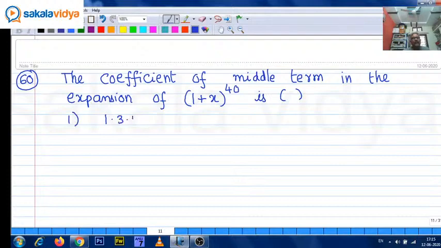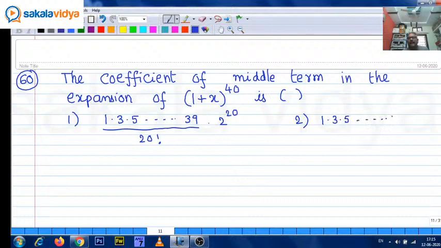First option: 1 into 3 into 5 into ... 39 upon 20 factorial into 2 power 20. Second: 1 into 3 into 5 ... 39 upon 20 factorial.